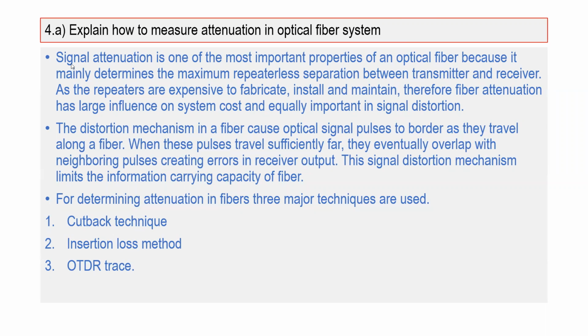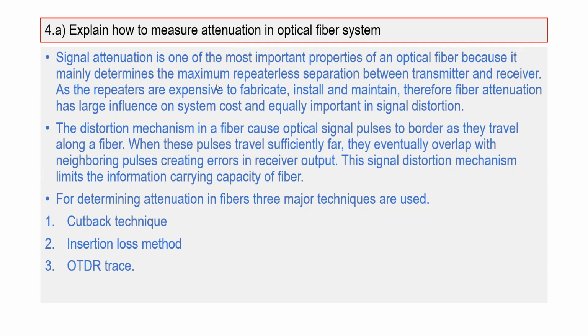The first point we have written is that signal attenuation is one of the most important properties of an optical fiber because it mainly determines the maximum repeaterless separation between transmitter and receiver. That is, if the attenuation is less, then fewer repeaters will be used. If the attenuation is more, then the number of repeaters between transmitter and receiver will be increased.